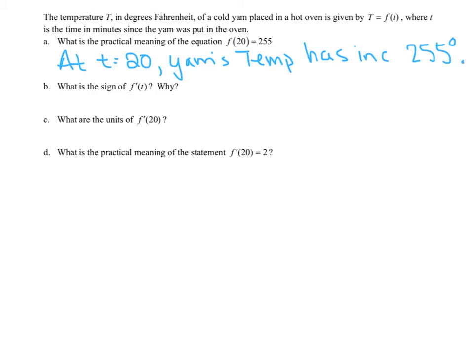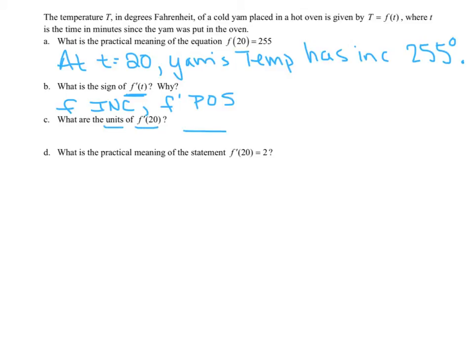All right, what's the sign of F prime? Well, I'm assuming that as that yam sits in the oven, its temperature is going to dramatically increase. And so we could say if F increases, then the slope, F prime in this case, will definitely be positive for sure.